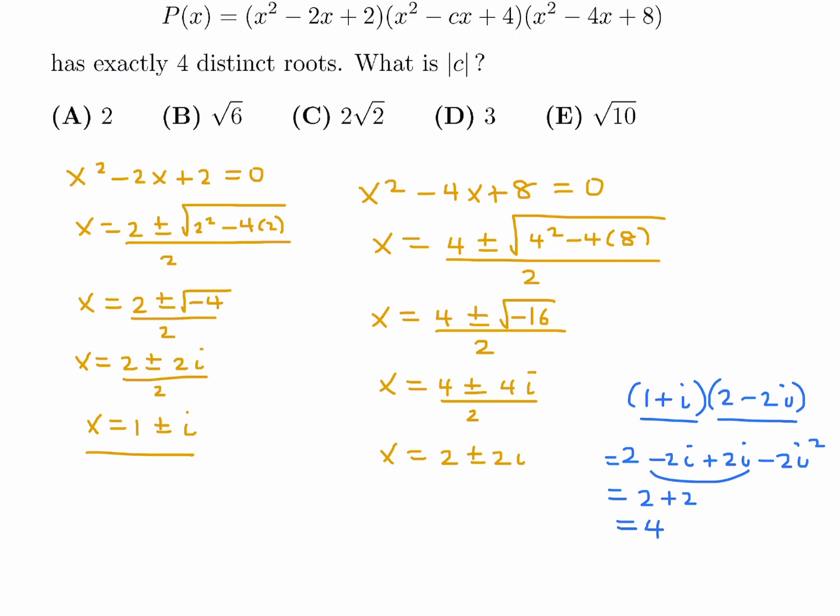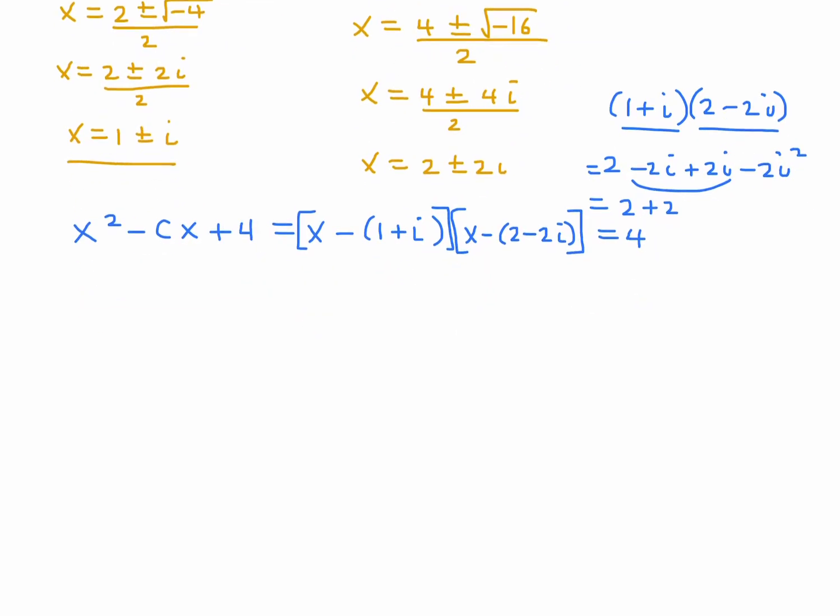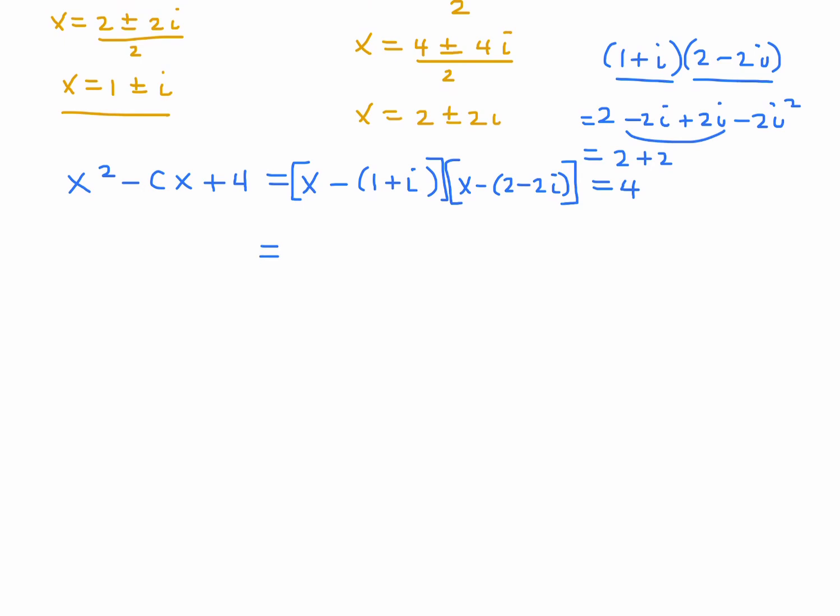Okay, so that means x squared minus cx plus 4 is obtained with those two roots. So (x minus 1 plus i) times (x minus 2 minus 2i). So there we go. This will allow me to solve for c. Expanding now, this becomes x squared minus 2i x minus 1 plus i x, and then, as we had previously figured out, 4.